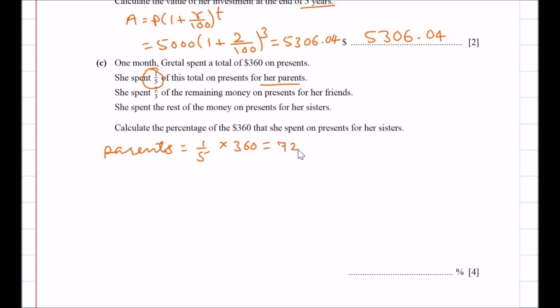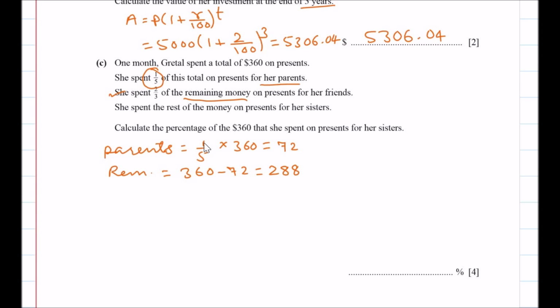Okay. Now, next line. She spent 2/3 of the remaining. That means we need to find the remaining amount. Remaining is equal to 360 minus 72. That will be 288.